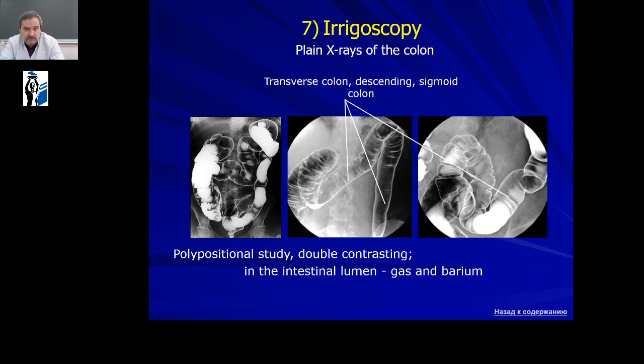In the intestinal lumen, we can see barium containing contrast substances and gas. Double contrasting meaning using two contrast agents, gas and barium.